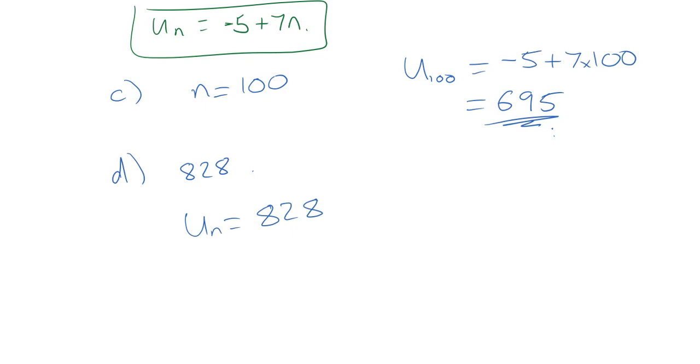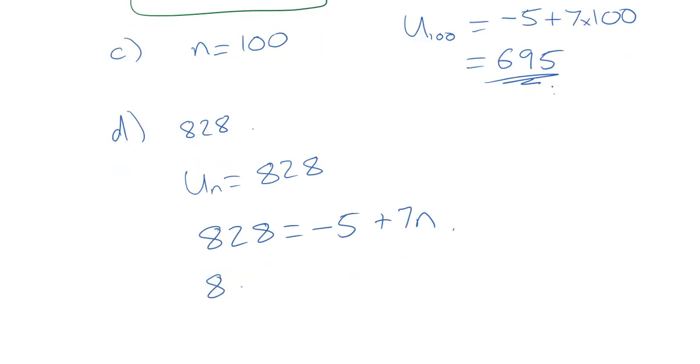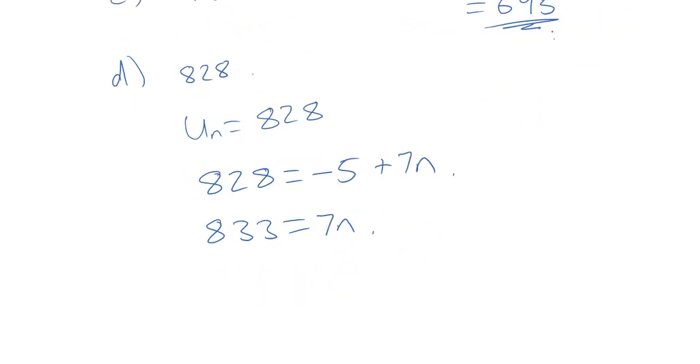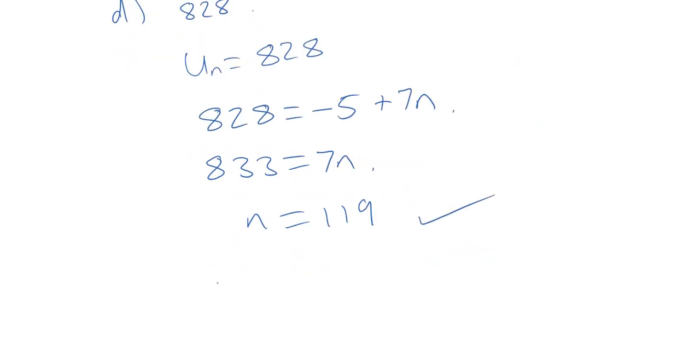For example, if we found out it was 12, we know that 828 is the 12th term. So we'll set our formula equal to this number. Let's now add 5 to both sides. So we're going to have 833 equals 7n. Now we can divide by 7, and on a calculator, we get n is 119. Yes, this is a whole number. Yes, 828 is in the list.